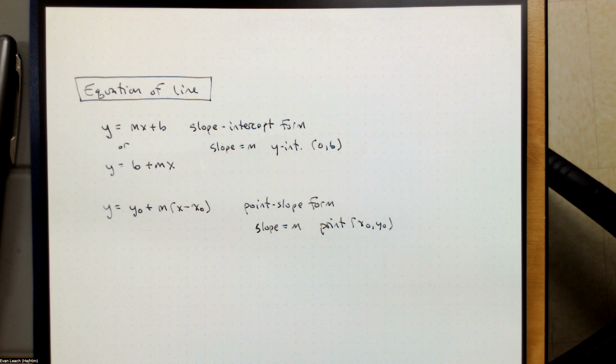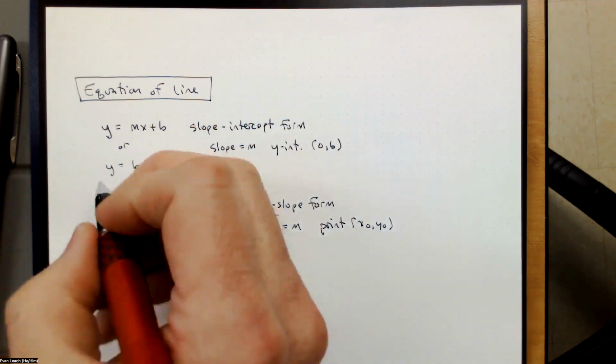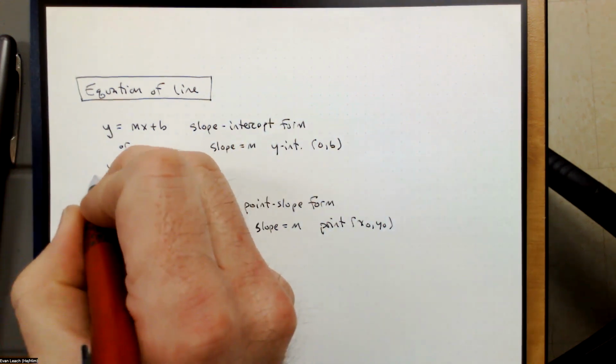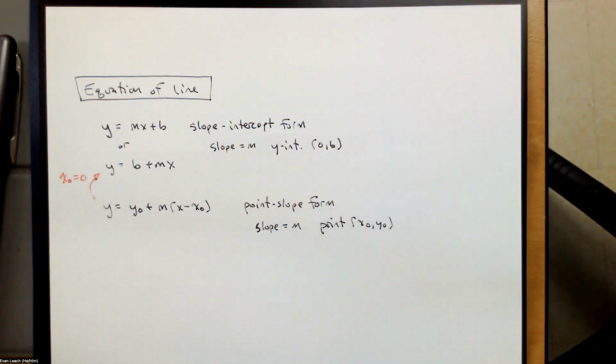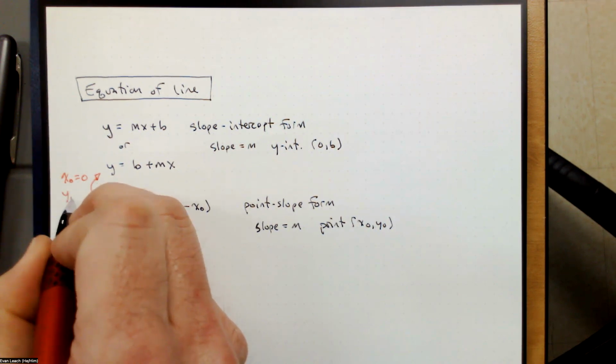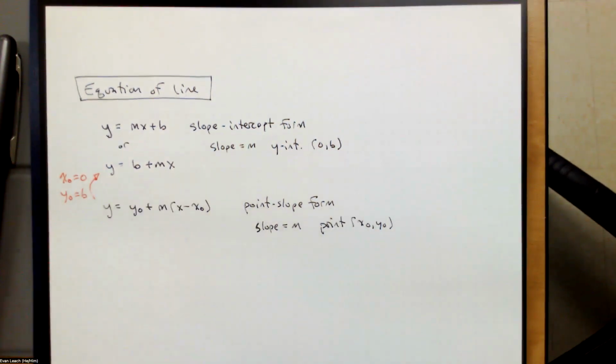So this one is just a more general form of the other one. If x naught is equal to 0, then that term becomes m times 0, no change, just b.